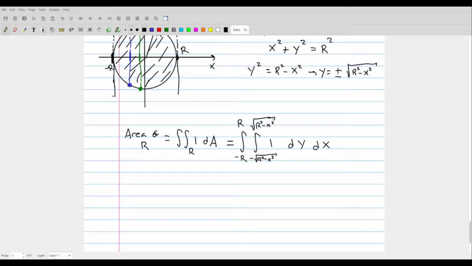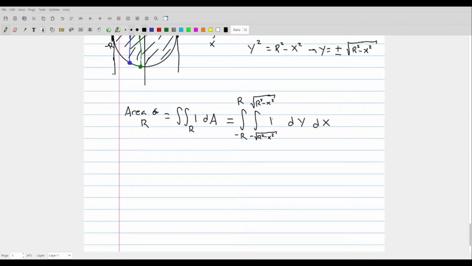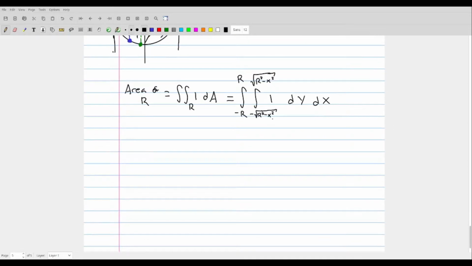And you see that the upper and lower bound for a non-rectangular region in general will have to be a function. In general, you're going from the lower bound as a function of your first variable to an upper bound which is also a function of your first variable. But this is the correct way of doing this, and you always have to do this for a non-rectangular region.